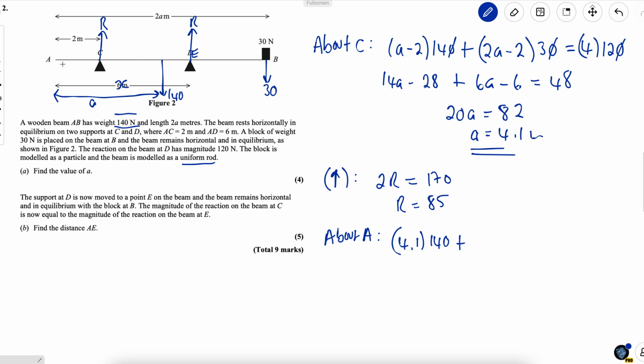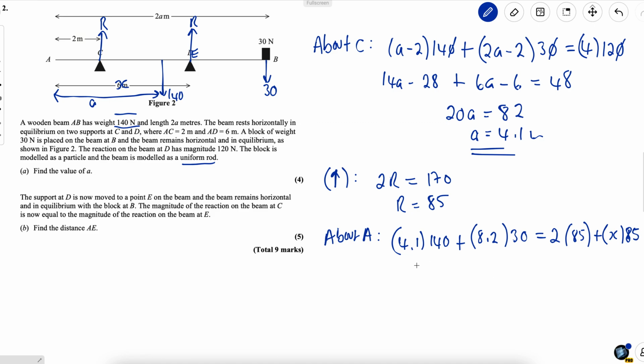And the other clockwise force is the full distance of the rod, 2a, so that will be 8.2 multiplied by 30, and that balances out with 2R, and R is 85, plus this distance here, which is x multiplied by R. And that's 85 again. And quick check to make sure that it's dimensionally correct.